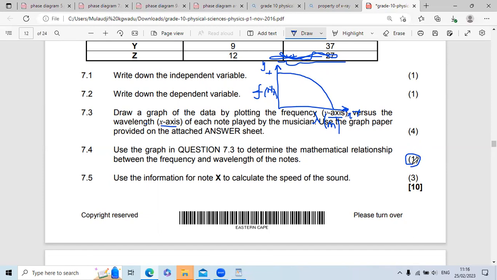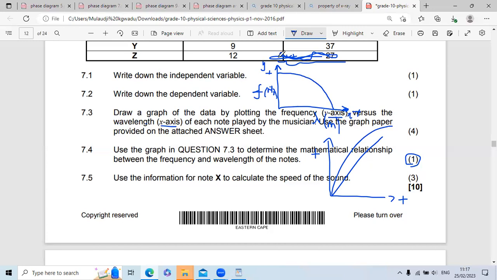If two things are directly proportional, the graph is going to look something like this. As this one is increasing, this other one will also increase. They just both increase.